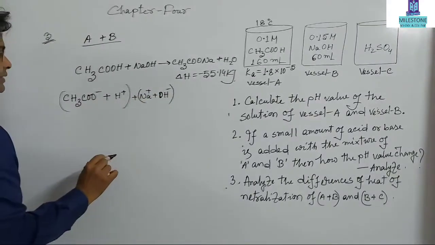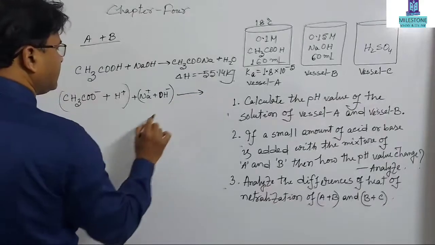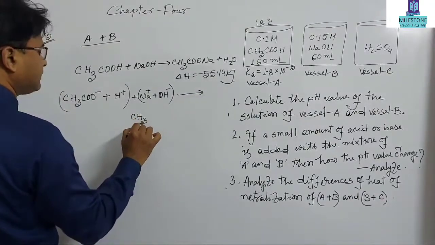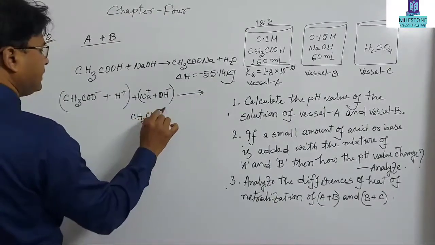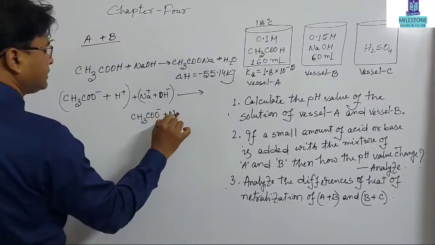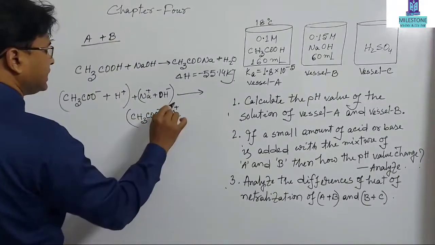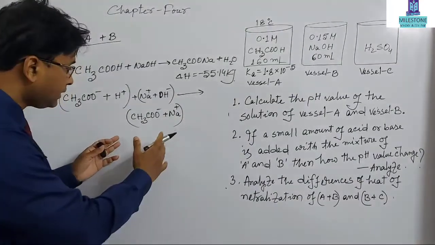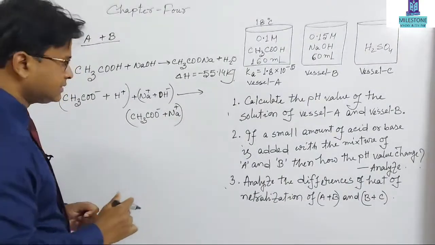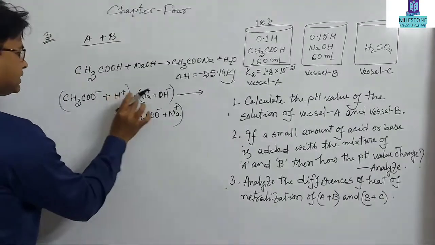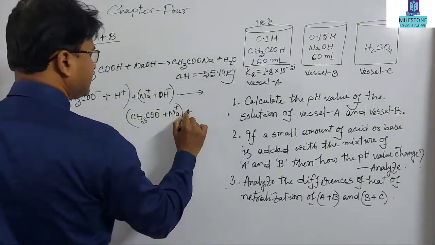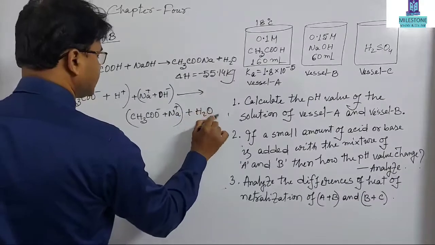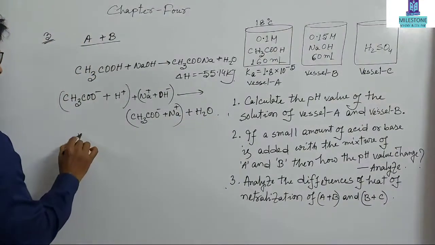Here the ethanoate ion and sodium ion exist in the reaction system as spectator ions. Only the H plus ion and hydroxide ion combine together to produce water.